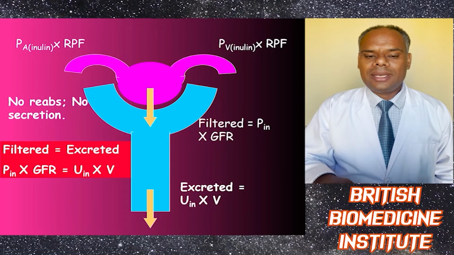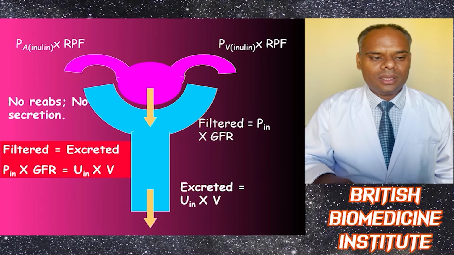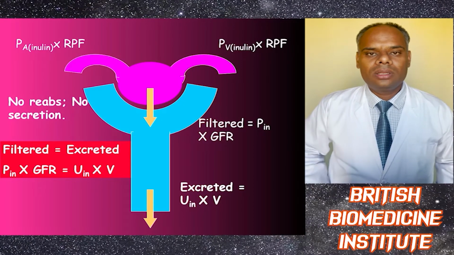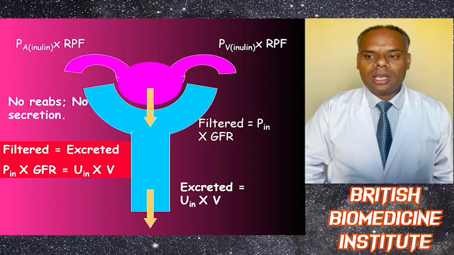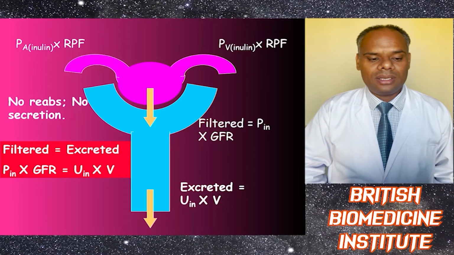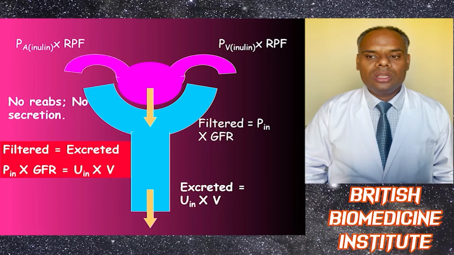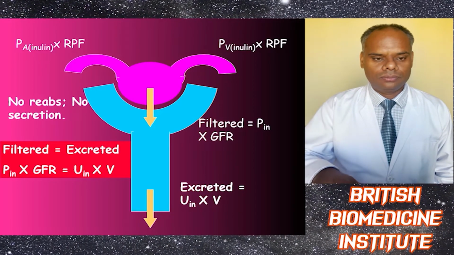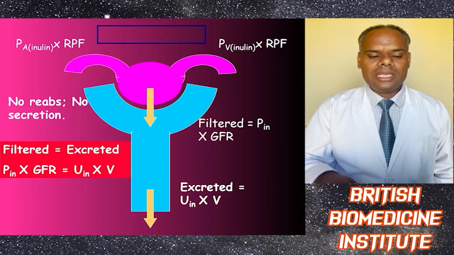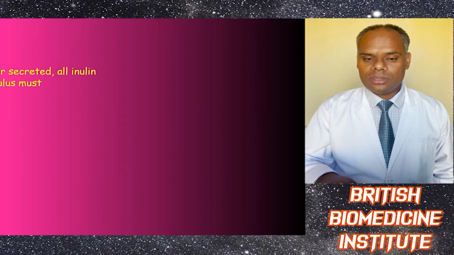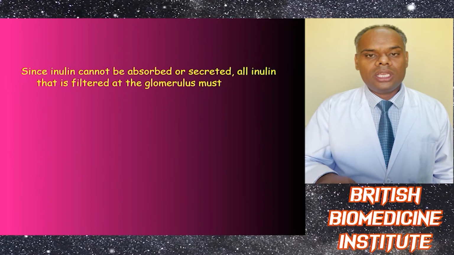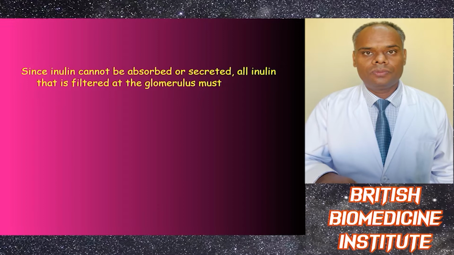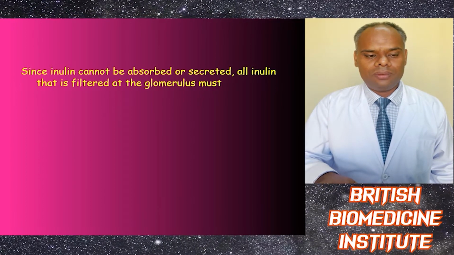So in inulin clearance, the filtration rate is P inulin times GFR, and it will be excreted as U inulin times V. Since inulin cannot be reabsorbed or secreted, all inulin that is filtered at the glomerulus must appear in the urine.